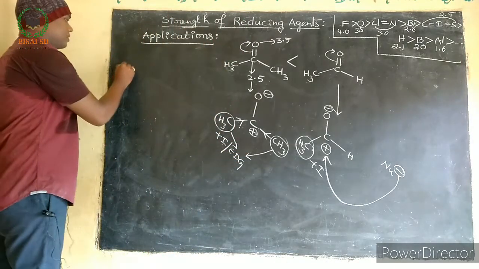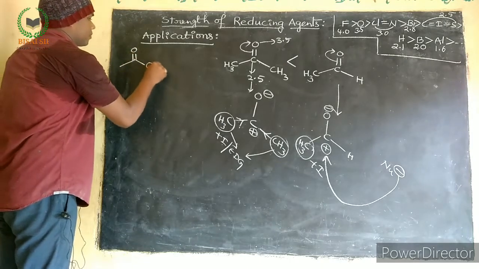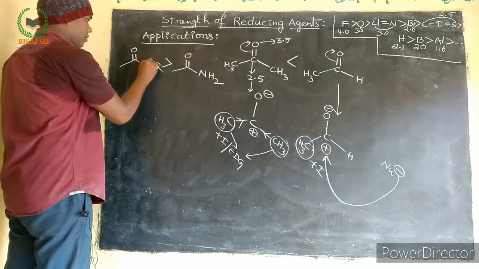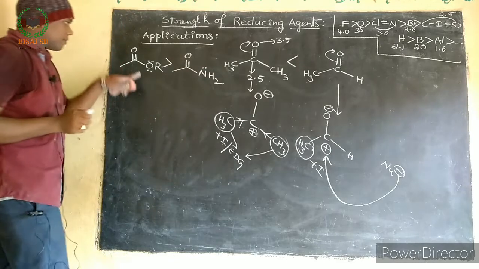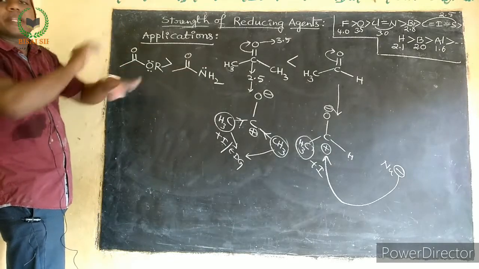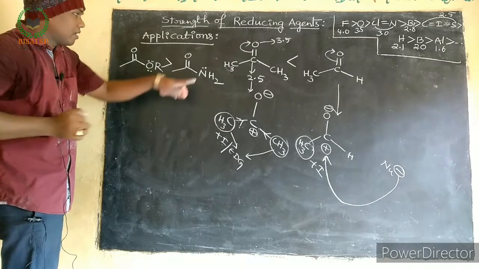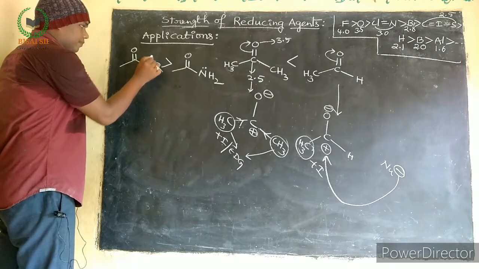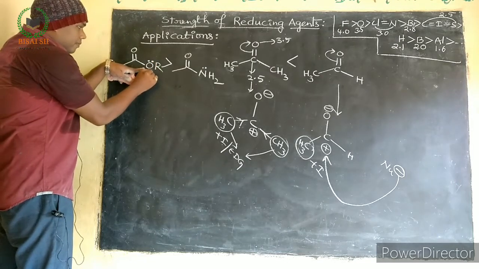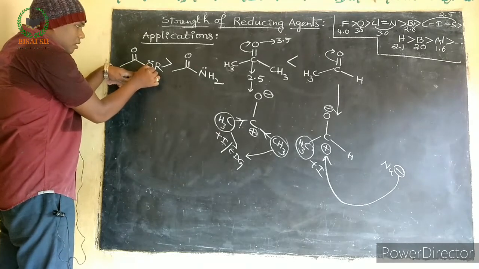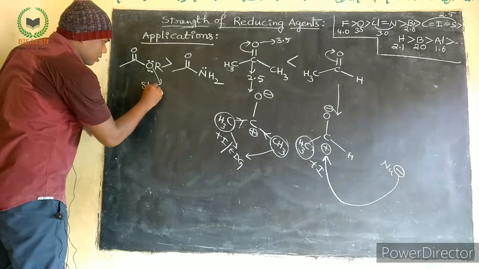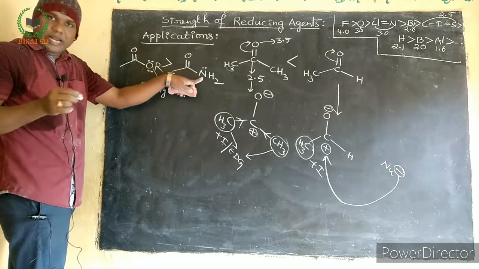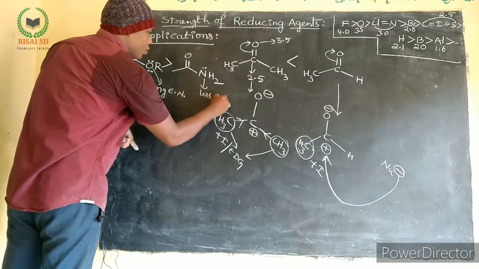Now one more explanation. Here the ester functional group is more reactive towards nucleophile compared to amide. What is the reason? Here we know that this group is strongly electronegative, meaning more electronegative compared to nitrogen. This is less electronegative.